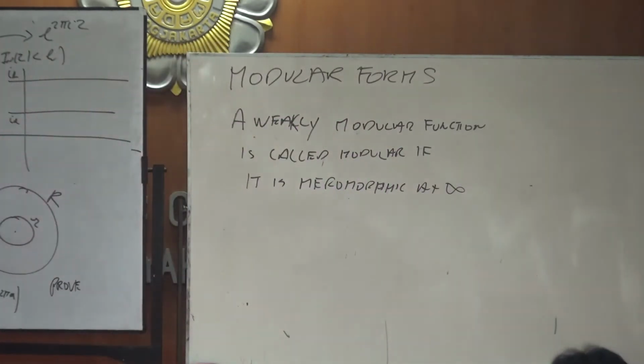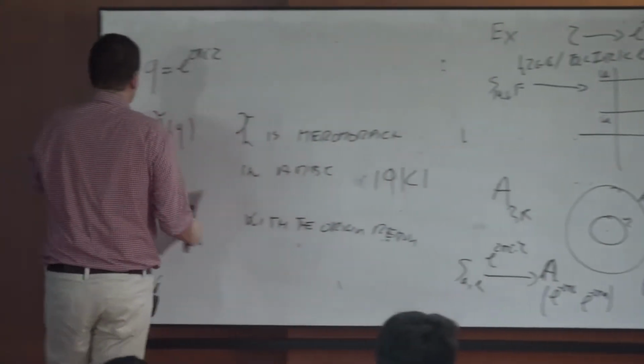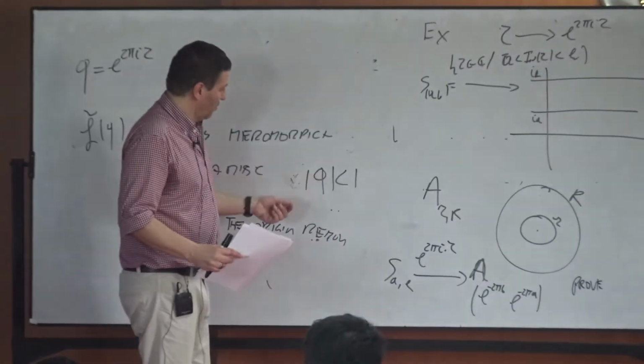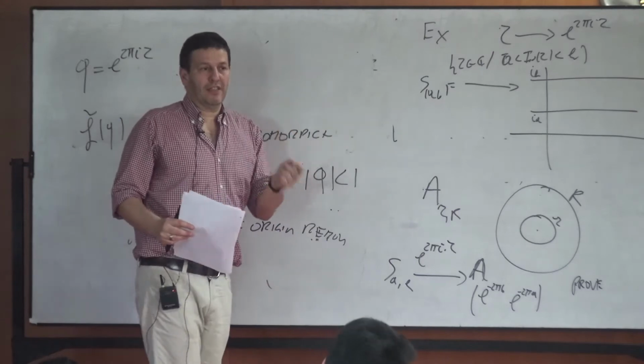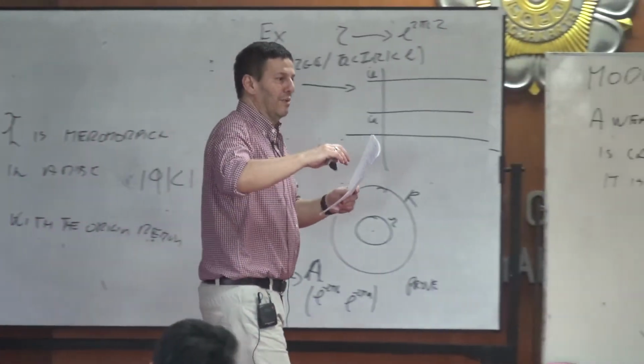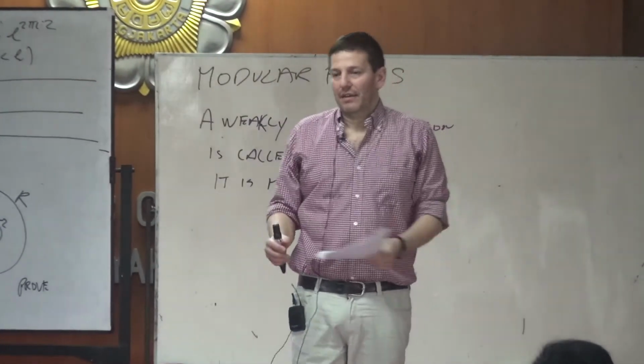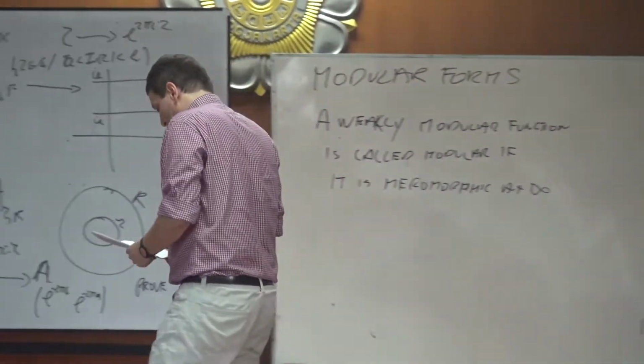So when you consider the function as a function of q, then when you go to 0, you can have a pole, but you cannot have an essential singularity. This means that when the imaginary part of tau grows, the function doesn't have an essential singularity there.